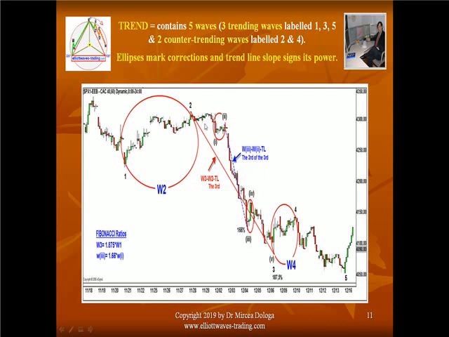If we take a look at the trend line of wave 3, which starts here and ends over here, we see inside it 2 corrections. The closest one to the beginning of wave 3 is right here, labeled in Roman letters, and over here we have the second correction closer to the end of W3, again labeled in Roman letters. By the way, this wave 3 is called the third of the third.